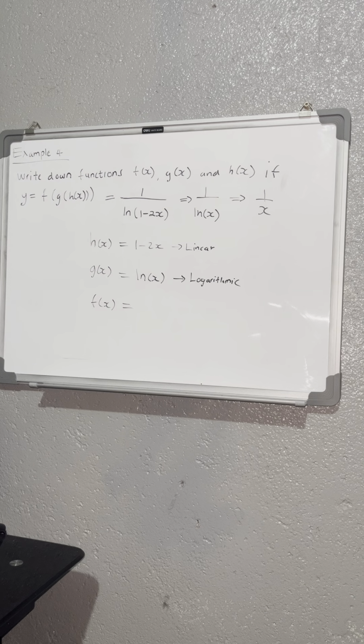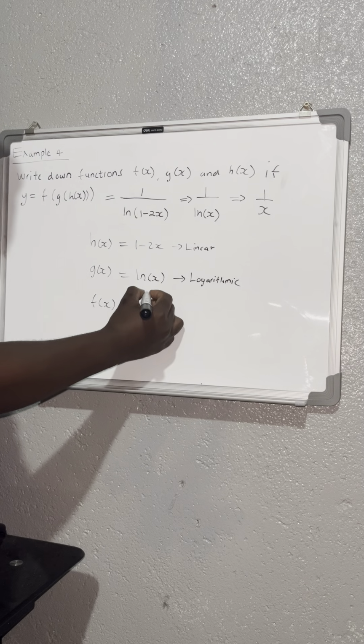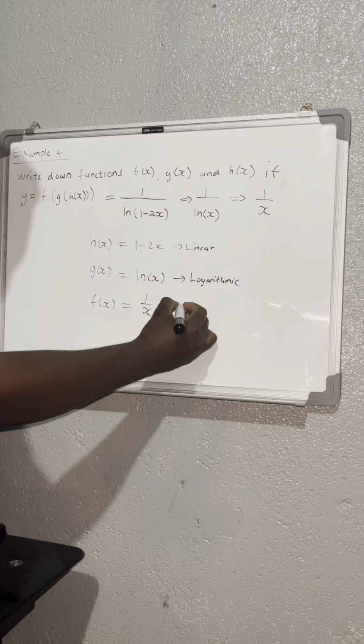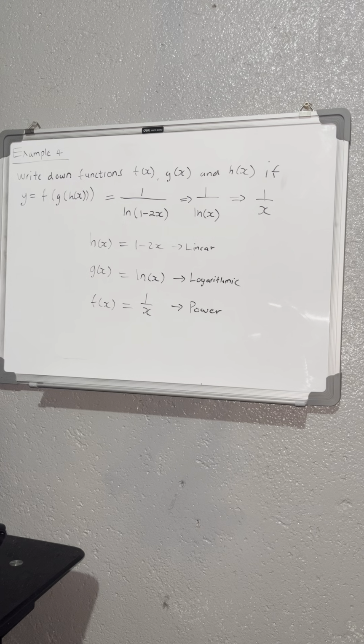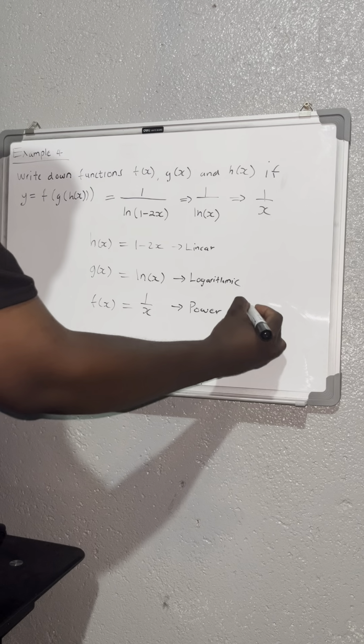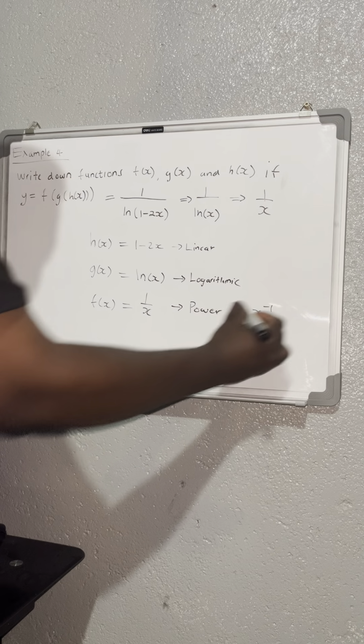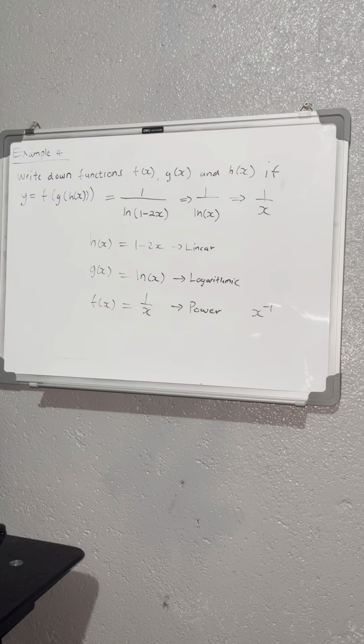So that's basically how we do them. Each and every time you take a function out, you just write an x where it was. So now you write your 1 over x, and this one can be written as a power function. Remember, this one is your x to the exponent minus 1.